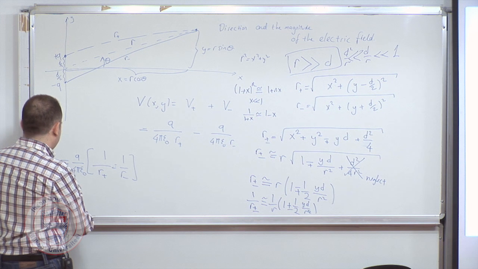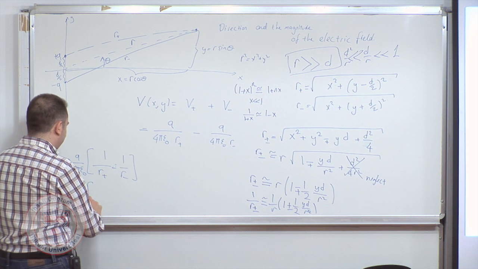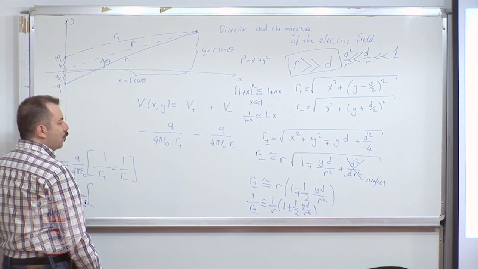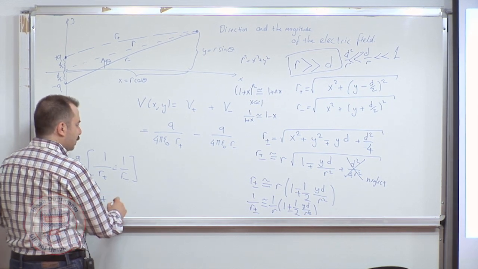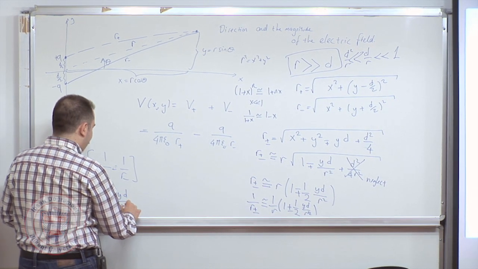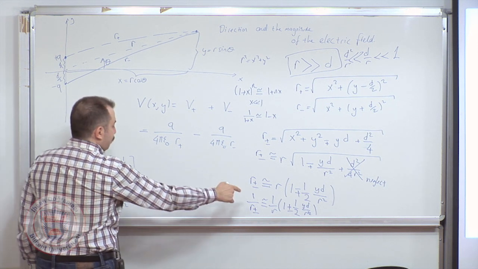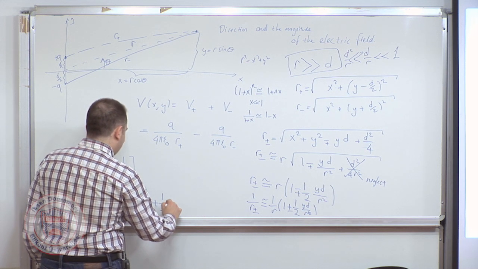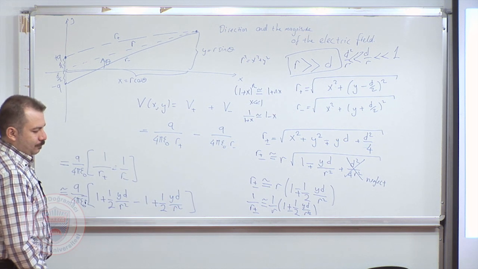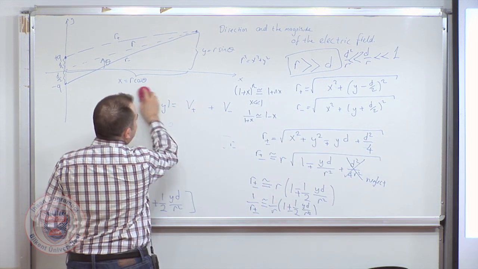So now I can approximately write what the potential is. Q over 4 pi epsilon 0. 1 over r plus is 1 over r times 1 plus 1 over 2 y d over r square. 1 over r minus is going to be 1 over r times 1 minus 1 over 2 y d over r square, with the minus sign in front. Overall, now I can maybe clean all this up.